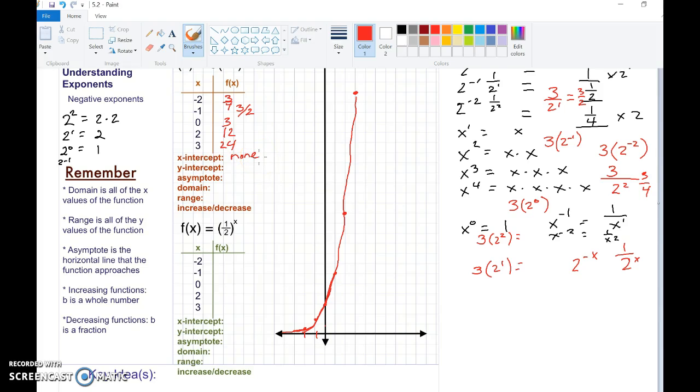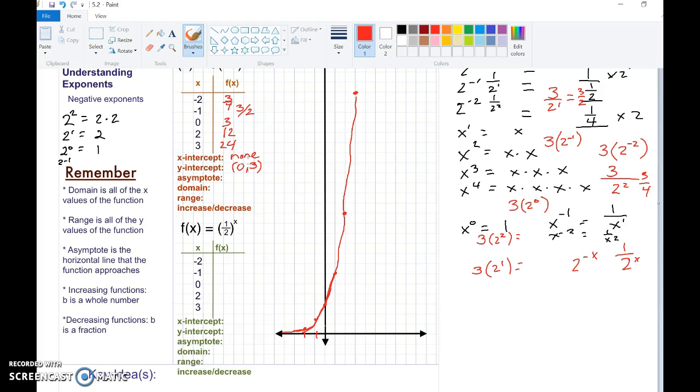But what is the y-intercept? Well, the y-intercept is 1, 2, 3. So we'll write it as (0, 3). And that happens to be when x is 0, right? Now the next one is the asymptote, and the asymptote is this new term.